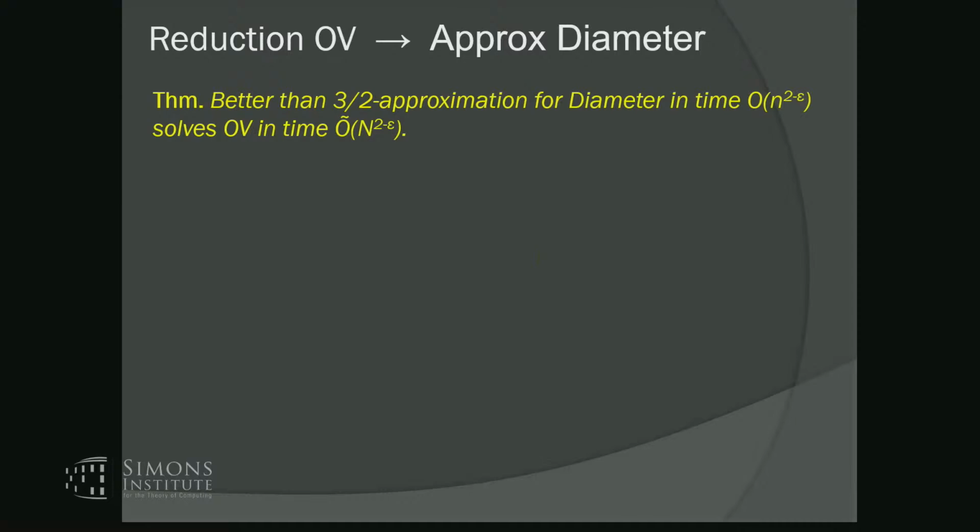This is a reduction from OV to approximate diameter. Our goal is to say the following. We'd like to say that if you can do anything better than a 3/2 approximation for diameter in subquadratic time, then you can get an algorithm for OV that is also subquadratic. So that's our goal. Yes?